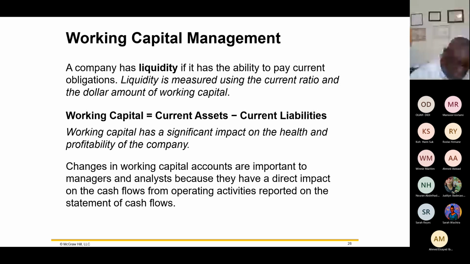But assuming now, in this very company, we know that out of the 50,000, 20,000 is liquid cash. Inventory here is, say, 5,000.